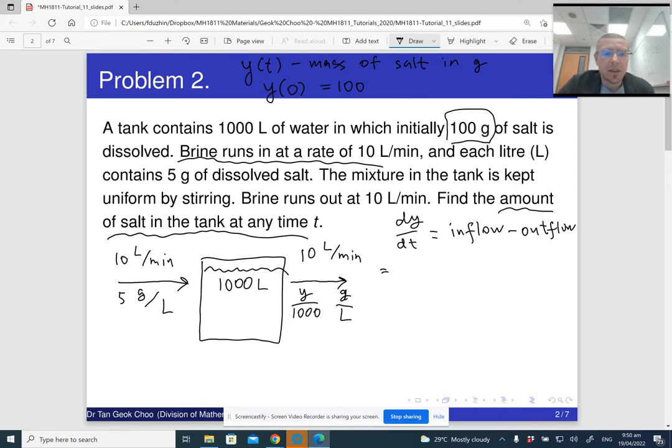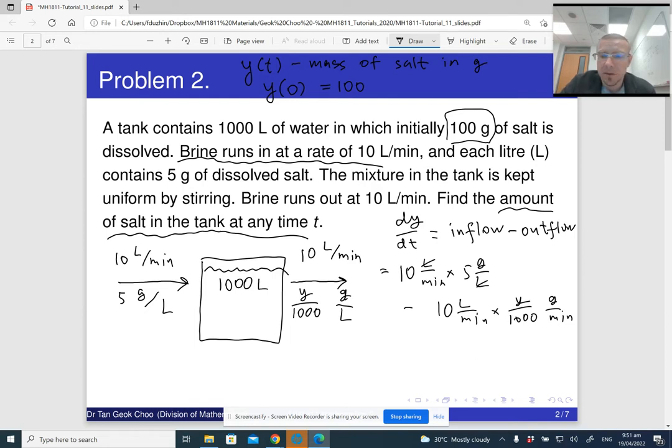In the inflow we have 10 liters per minute times the concentration of 5 grams per liter. Notice that liters are going to cancel out, and we are going to have grams per minute, which makes sense because this is the rate of change. So minus 10 liters per minute times y over 1000.